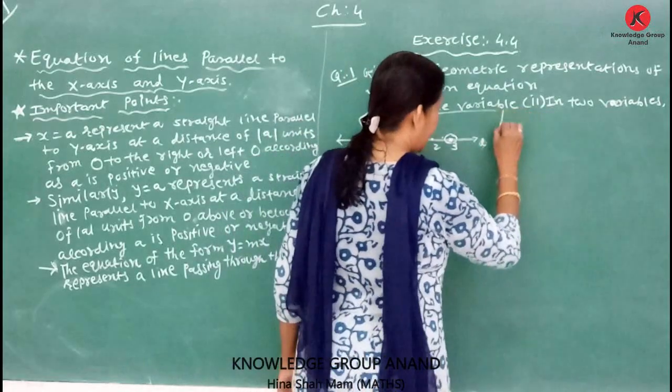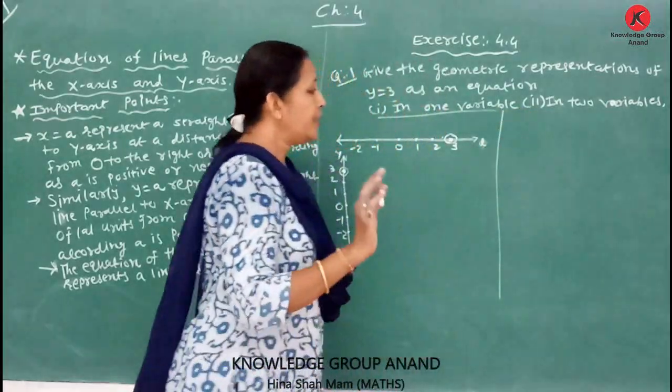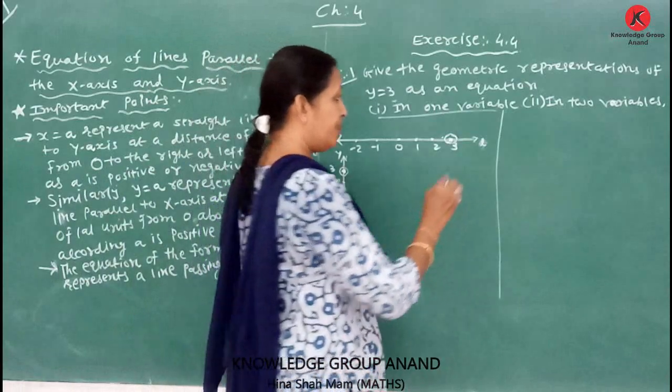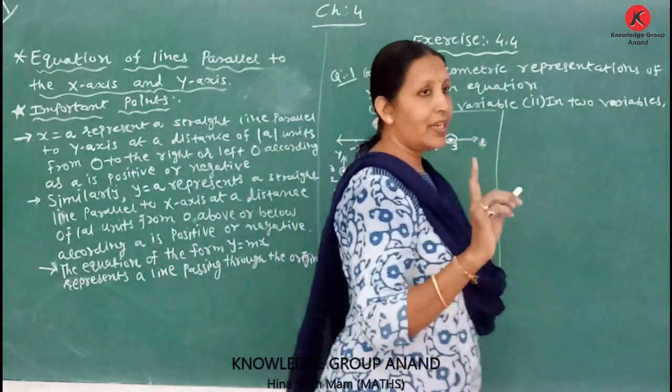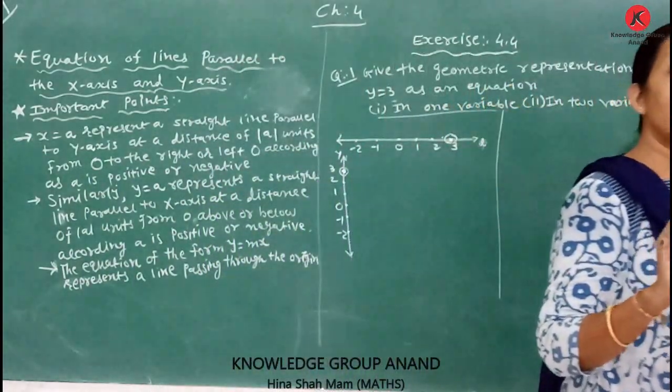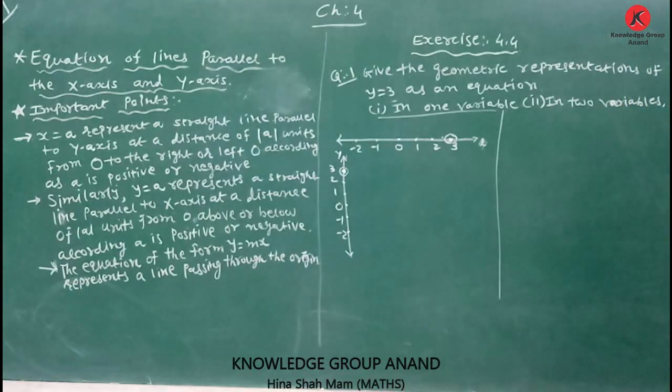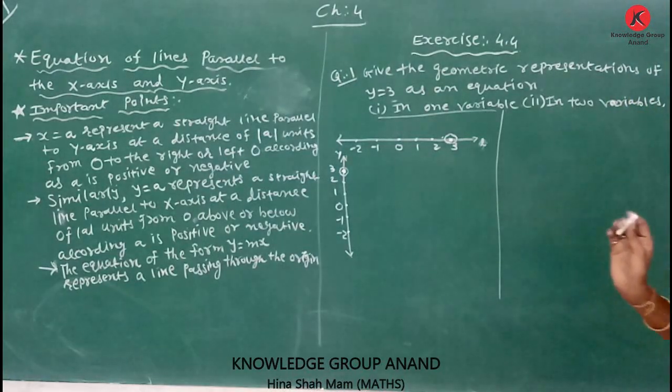Now second, in two variables. We know that a linear equation in two variables has the standard form ax plus by plus c is equal to 0.